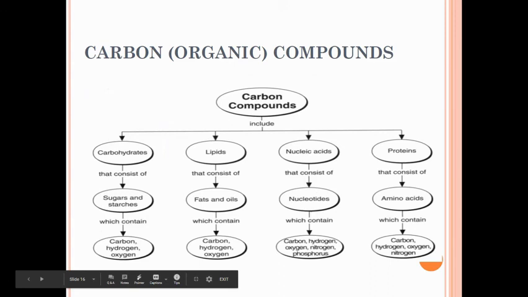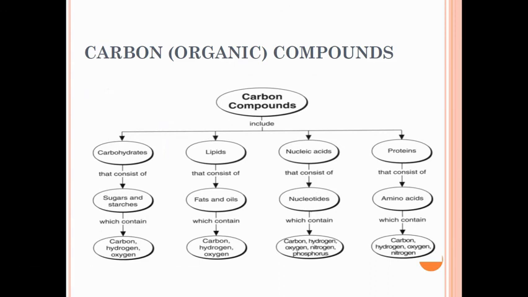And then finally, this chart is just showing a quick overview of the 4 different carbon compounds. So we have in the first row carbohydrates, lipids, nucleic acids, and proteins, the 4 different compounds. Next, in the next row, we have what they are made of, or what they consist of.